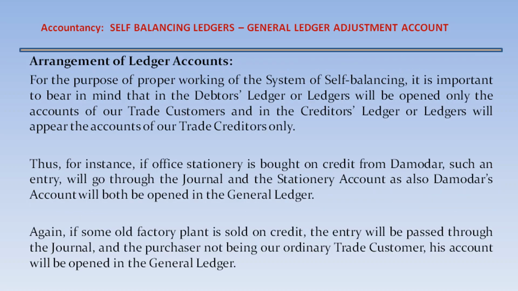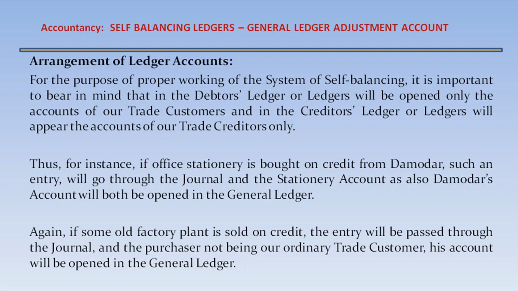Arrangement of ledger accounts. For the purpose of proper working of the system of self-balancing, it is important to bear in mind that in the debtors ledger or ledgers will be opened only the accounts of our trade customers, and in the creditors ledger or ledgers will appear the accounts of our trade creditors only.